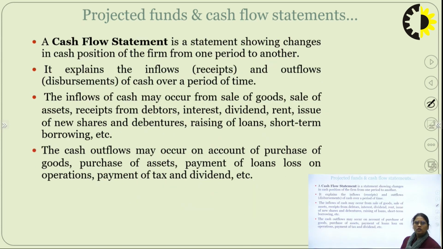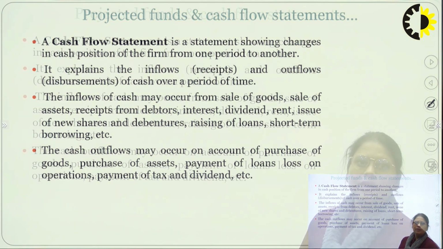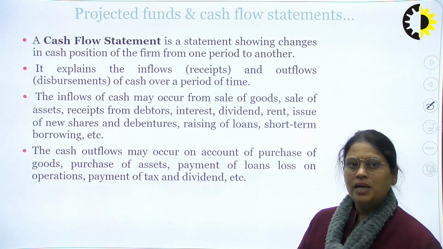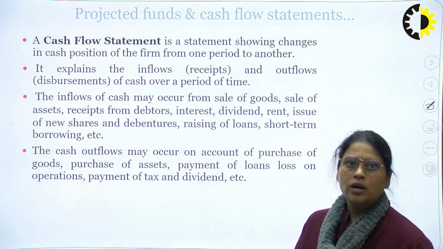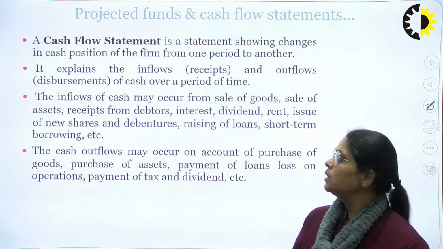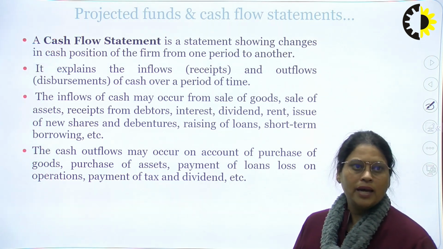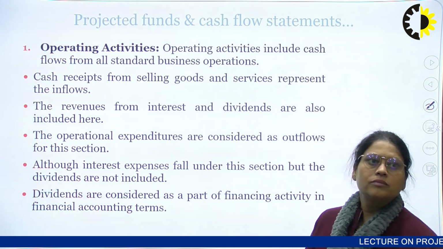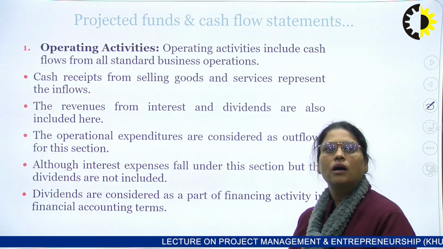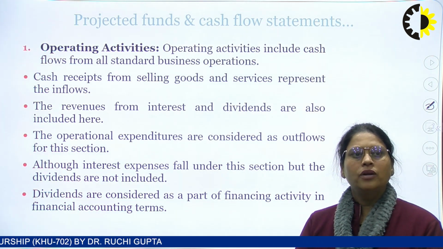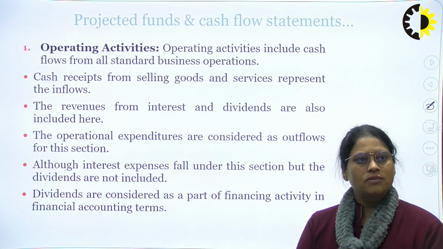A cash flow statement is basically a statement that shows the changes in the cash position of the firm from one period to another, and it explains the inflow or outflow of cash over a period of time. We have different projections in the cash flow, like cash receipts from selling goods and services.